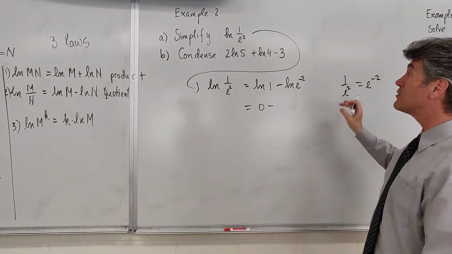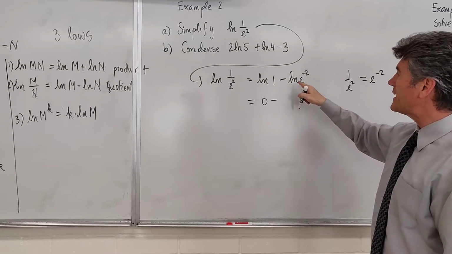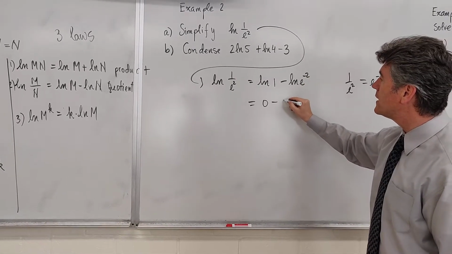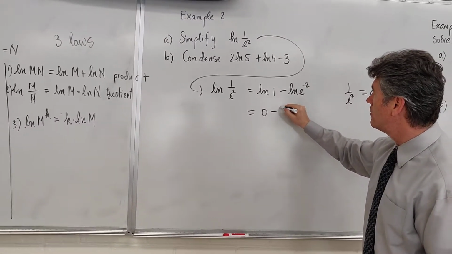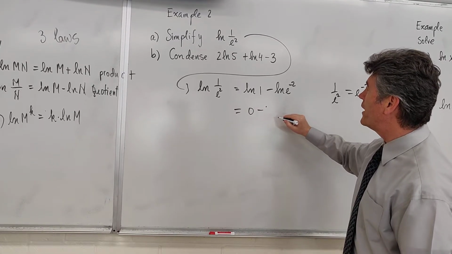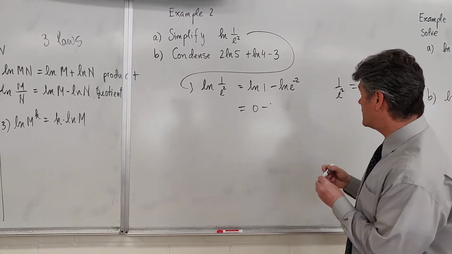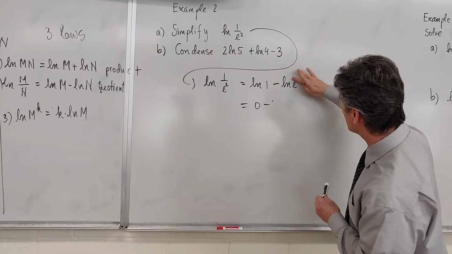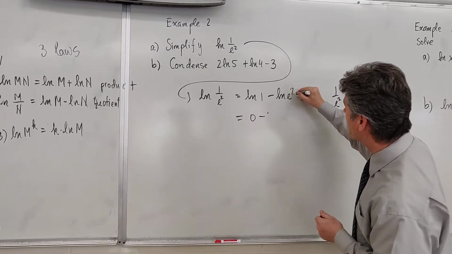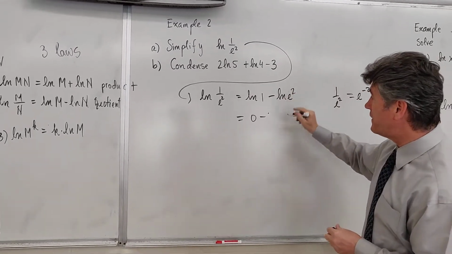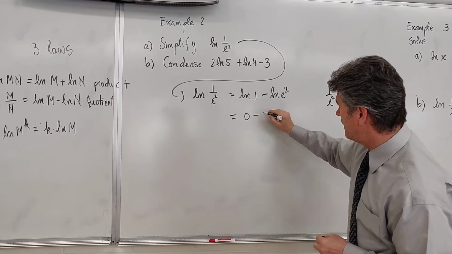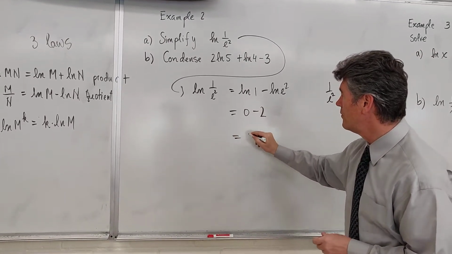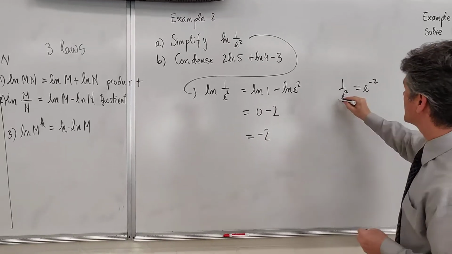So anyways, I'm going to use the fourth property, natural log of e to the negative 2 is equal to, what am I doing? I apologize, it's not e to the negative 2, it's just e squared. So natural log of e squared is just 2, and this is negative 2.